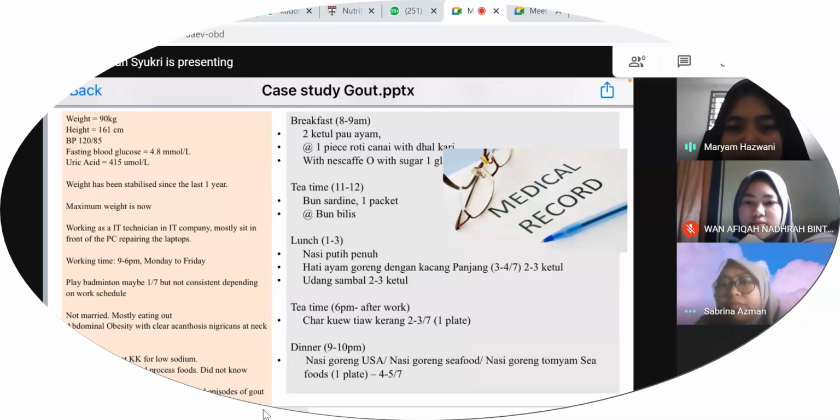And also at tea time, he consumes sardine bun or bilis or anchovies, both of these ingredients contain high purine. And also in the lunch. Okay, thank you, Mariam.